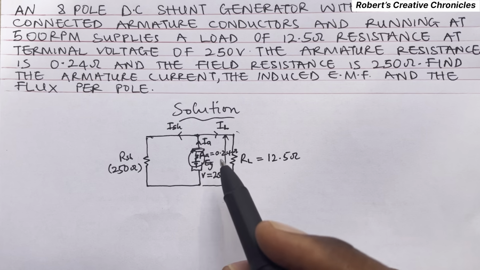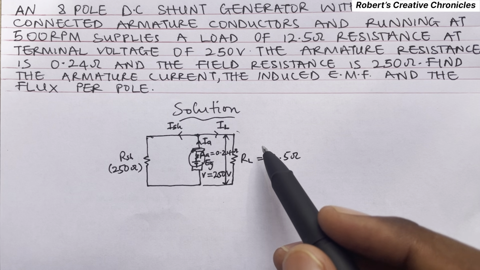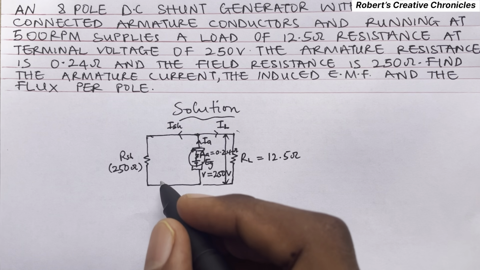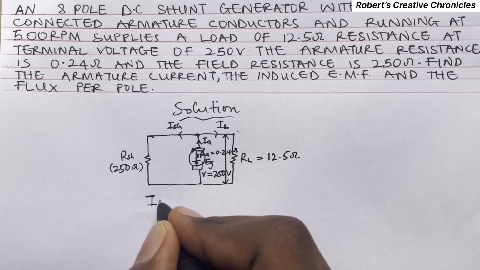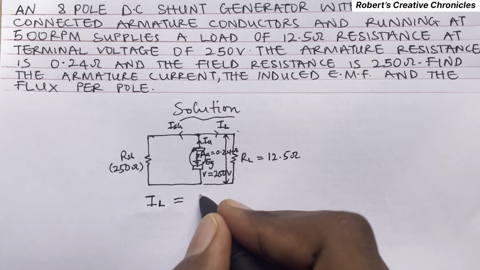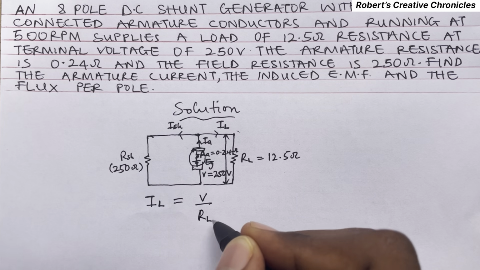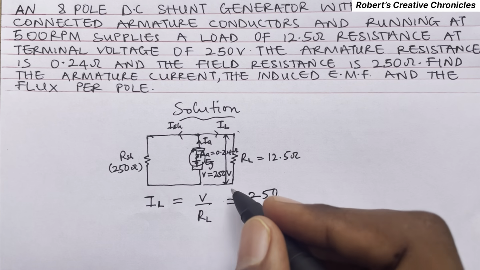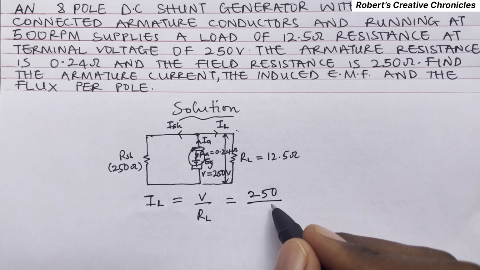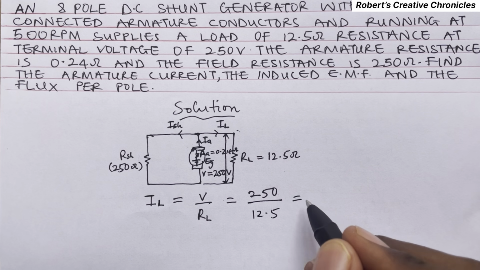So now we have the load resistor and we have the voltage across it. That means we can find the load current IL. IL is given by V over RL, which is 250 over 12.5.